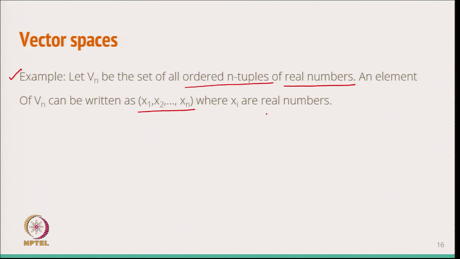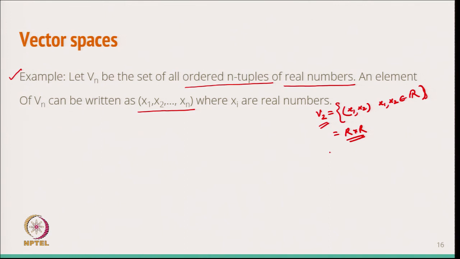For example, if I take V2, I am defining the set of (x1, x2), the 2-tuples, where x1 and x2 belong to the real numbers. This is basically R cross R, the xy plane, the whole plane we are defining. That is my V2.